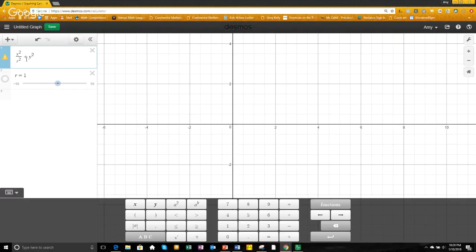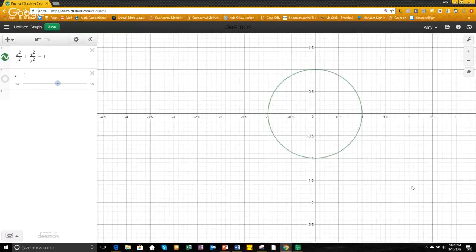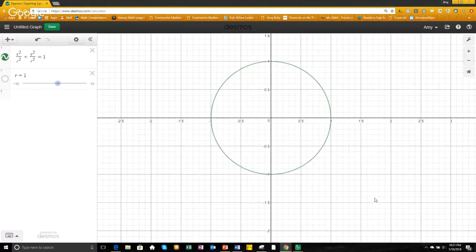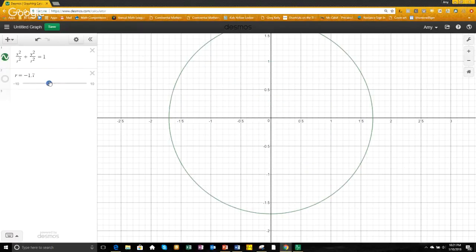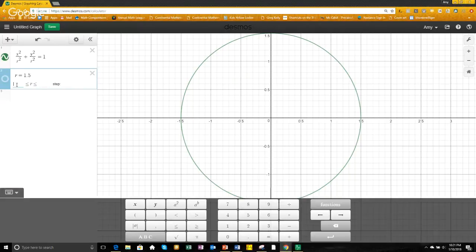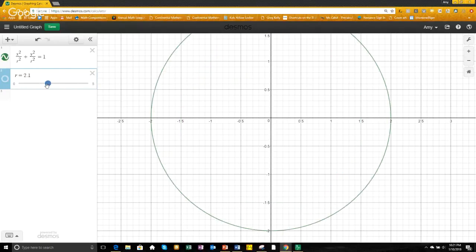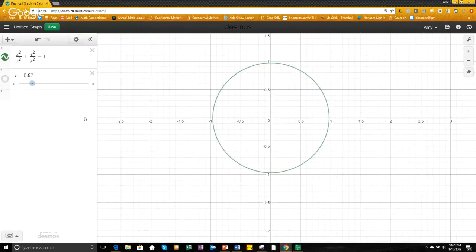Plus y squared divided by r squared equals 1. And there's our circle of radius 1 centered at the origin. I could play around with r, and as r gets bigger, the circle gets bigger. r really should go from 0 to, let's say, 5, with a step of, doesn't matter there. So we can have a circle of any size there.